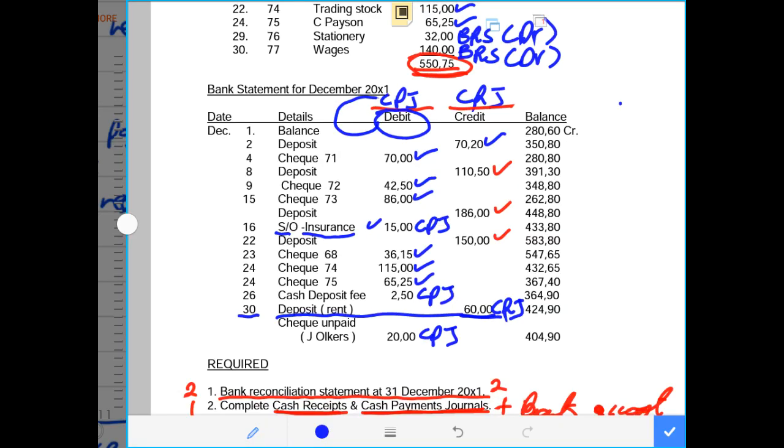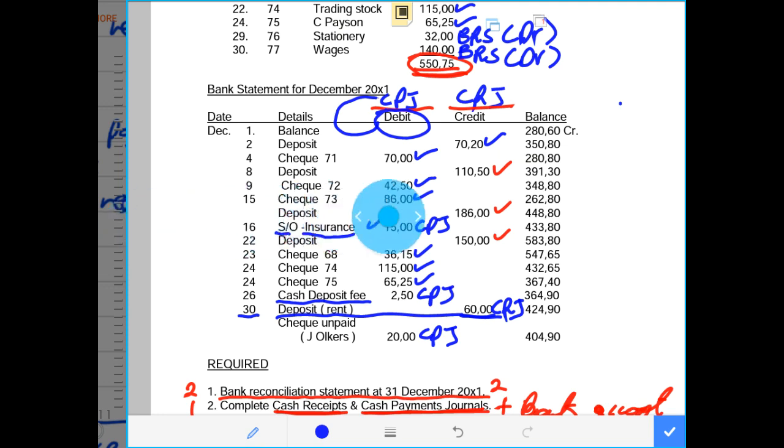Then after we go to the next one. Now there is a check deposit or cash deposit fee, where money was deposited, and this was a fee for depositing money. And we know that a fee to deposit money, we call it bank charges.